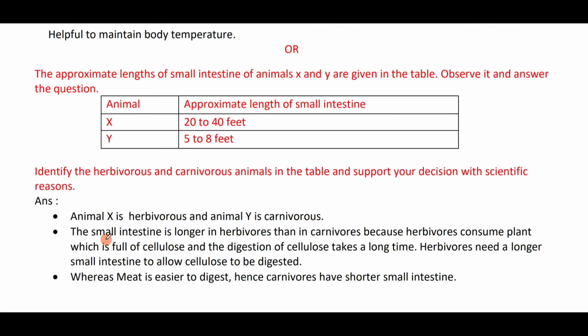Herbivores consume plants which are full of cellulose, and herbivores need a longer small intestine for the cellulose to be digested, whereas meat is easier to digest, therefore the carnivores have a shorter small intestine.